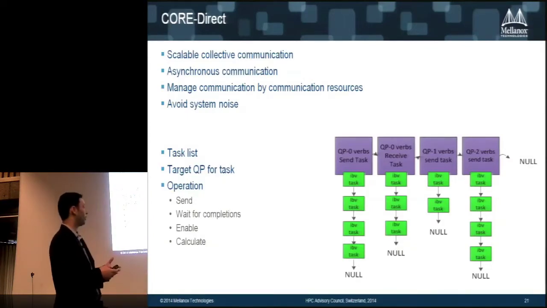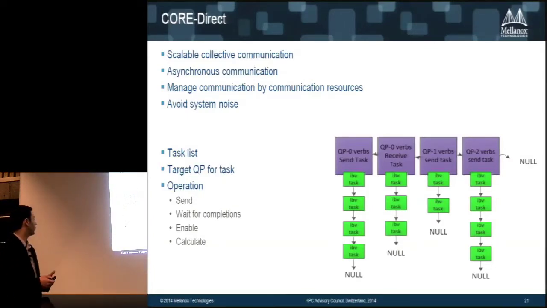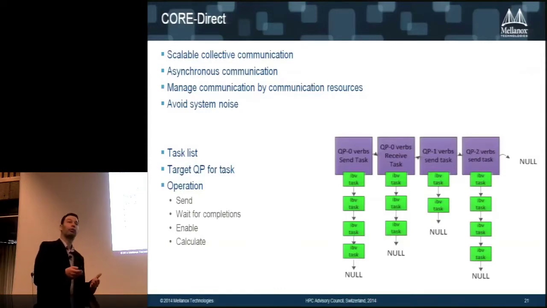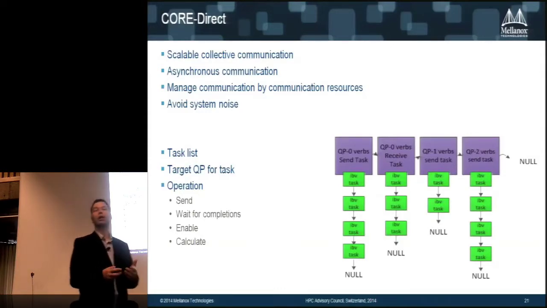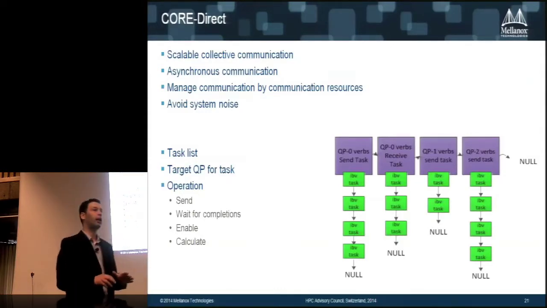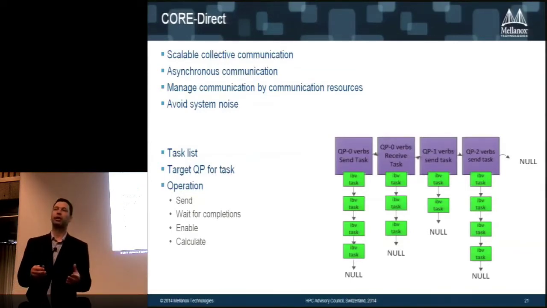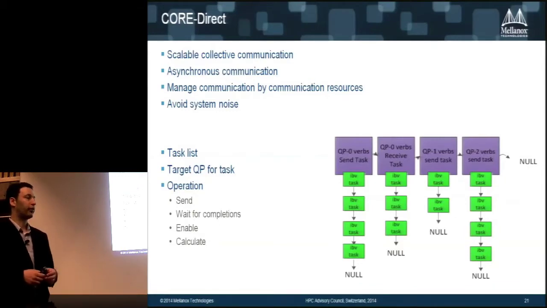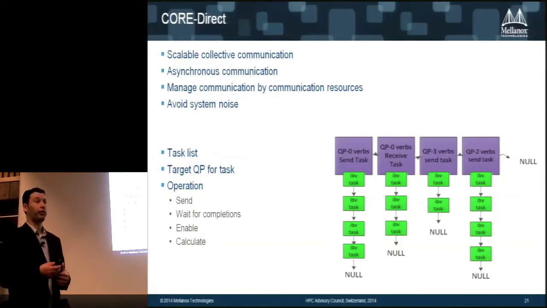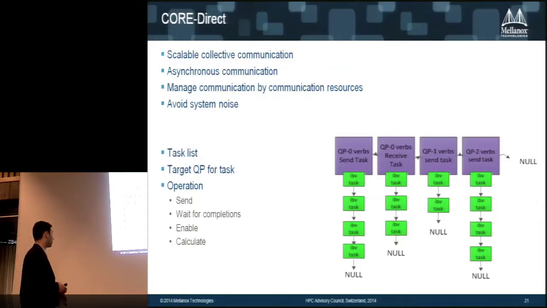Operations could be send a message or receive a message, enable some operation, do some kind of calculation, and then once you push down this list of tasks, this network program, into the adapter, it can process those things one after the other with all the interdependency and synchronization being pushed into the hardware.